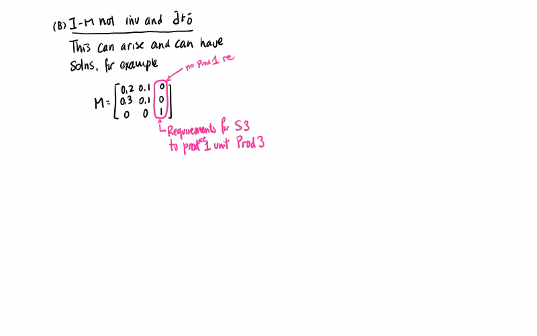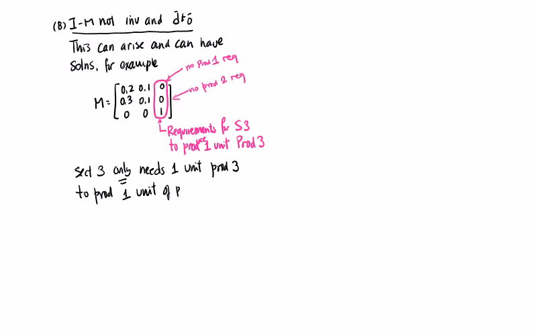So no product 1 required, no product 2 required. So in this particular case, sector 3 only needs 1 unit of product 3 to produce 1 unit of product 3, which seems a bit goofy, right?